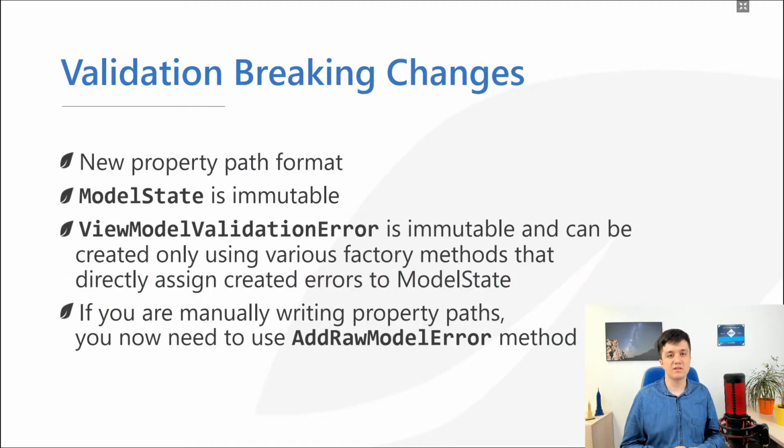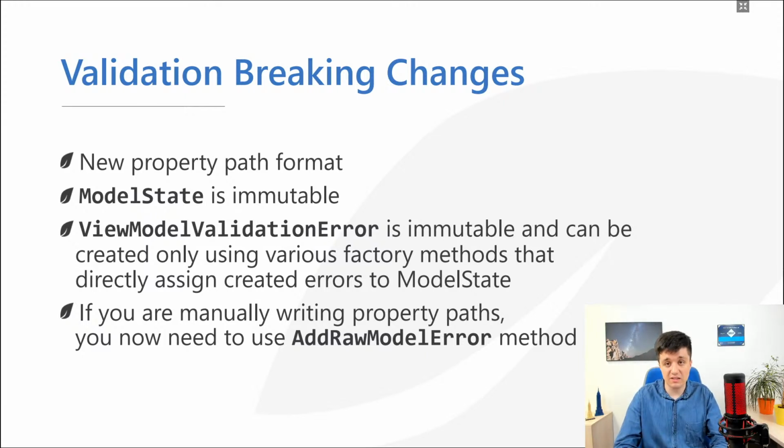So as I've been saying, there is this new property path format, but unless you actually use the API where you would manually write those knockout expressions, you wouldn't be affected by this change at all. It's just an improvement, so whenever you now see validation errors, they will get these nicely readable property paths.